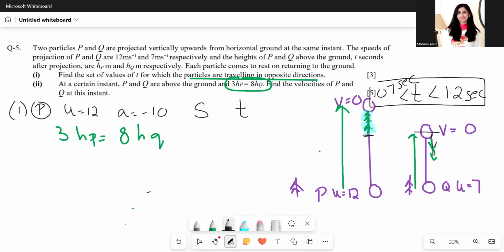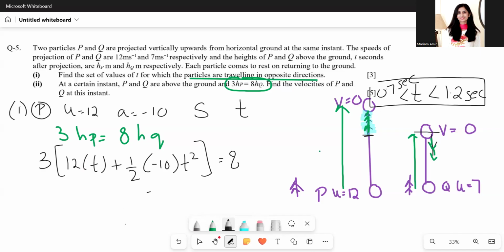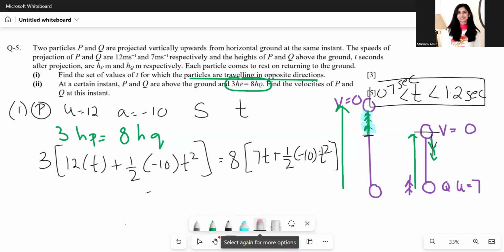So we can use ut + half at squared. So 3 times (ut + half at squared, with a as minus 10) equals 8 times, where u for Q is 7, 7t + half at squared.